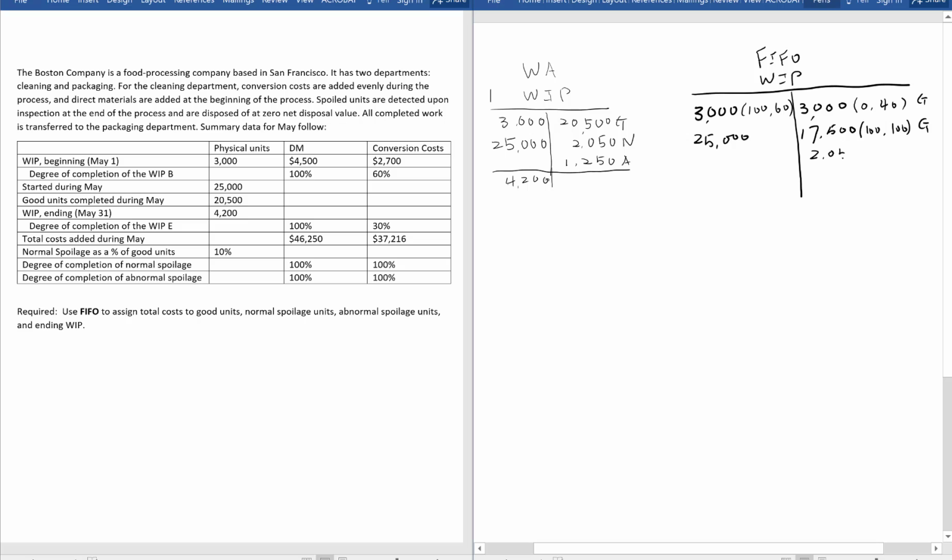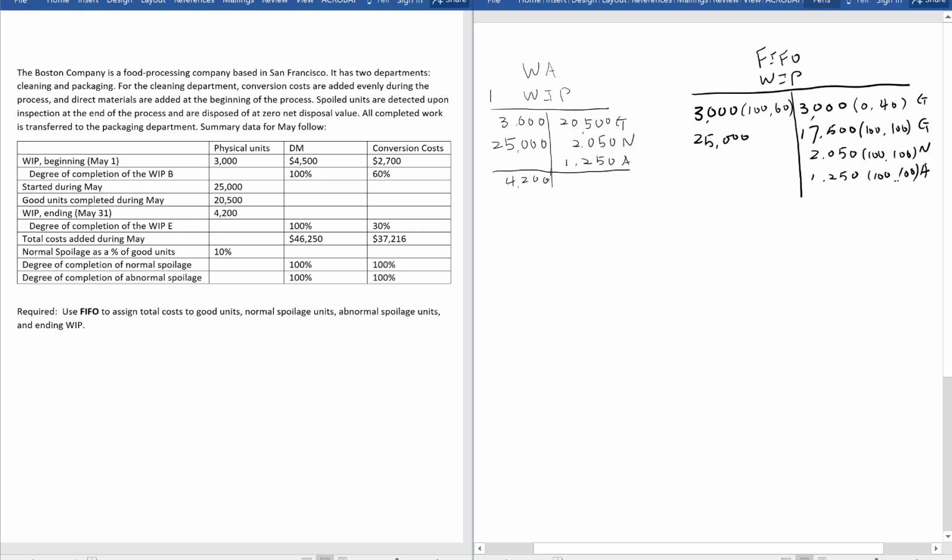Normal spoilage units and abnormal spoilage units are all completed with May's materials and conversion costs: 100, 100, 100, 100.